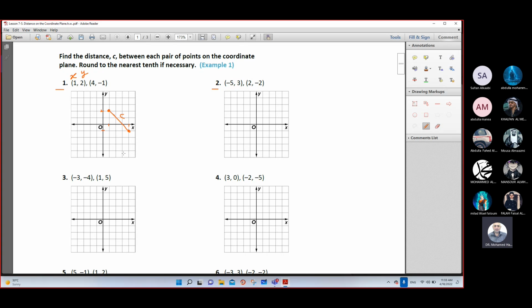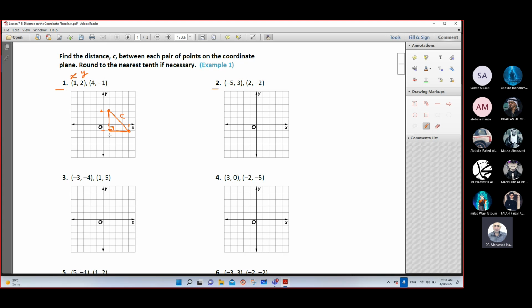To find the distance C, find the third point which creates a right triangle. So the third point will be here. This creates the right triangle. As you see here, we have a right triangle.